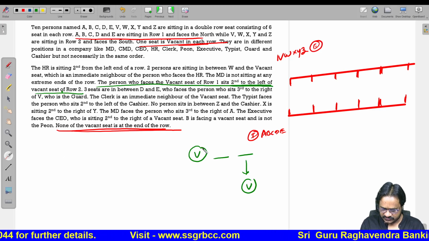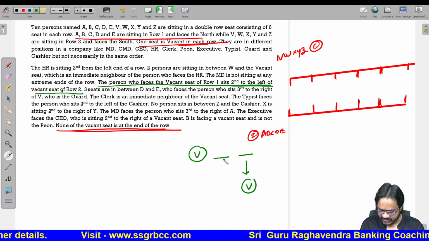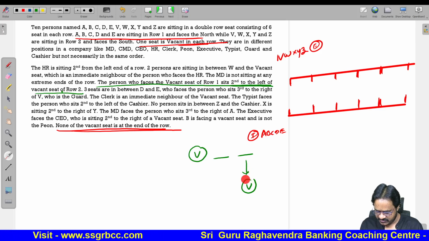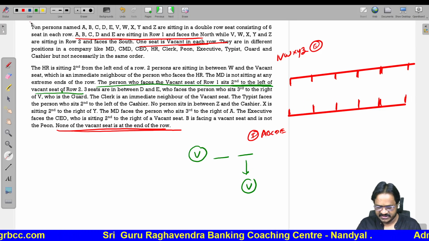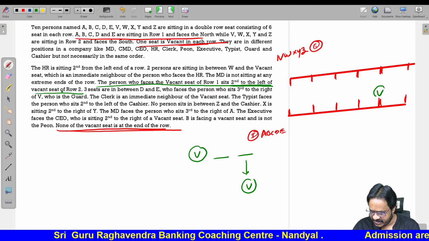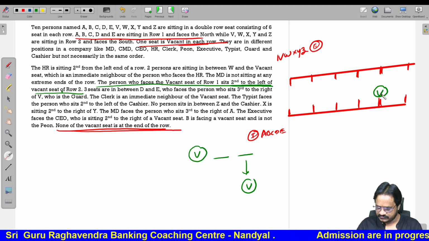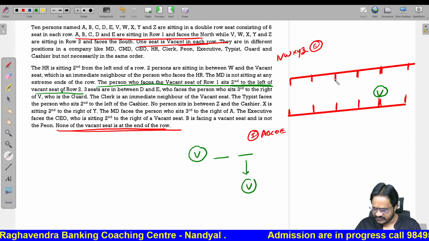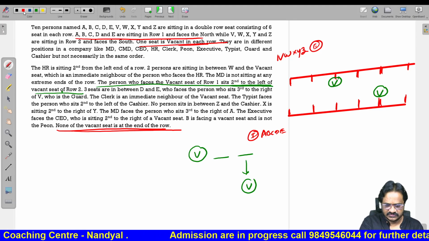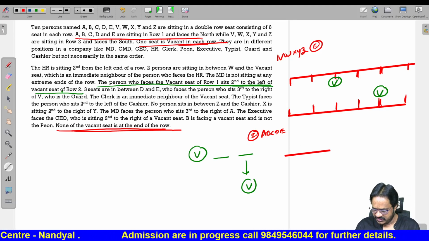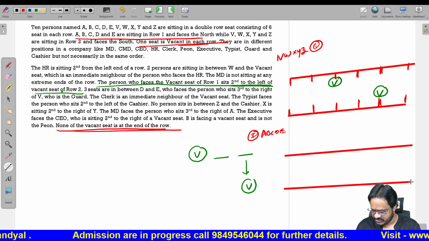So row 2 south facing will be this one. Take 2 gap, then this one will be vacant. Since we can't take the vacant seat at extreme end, this one I can take vacant. Then this one also I can take vacant. Or if there is any other possibility, that also we will see.